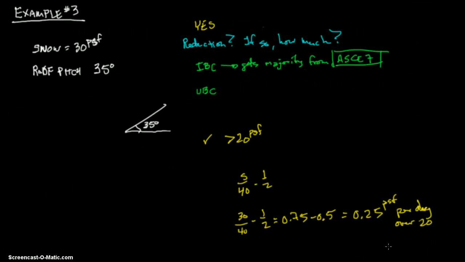Okay, so it says reduce for each degree of pitch over 20 degrees by that. So over 20 degrees, and we have 35 degrees, so that's really 15 degrees. So we can go ahead and multiply 0.25 times 15 degrees, because that's how many degrees we have over 20. And you get that by saying 35 degrees minus 20 equals 15.